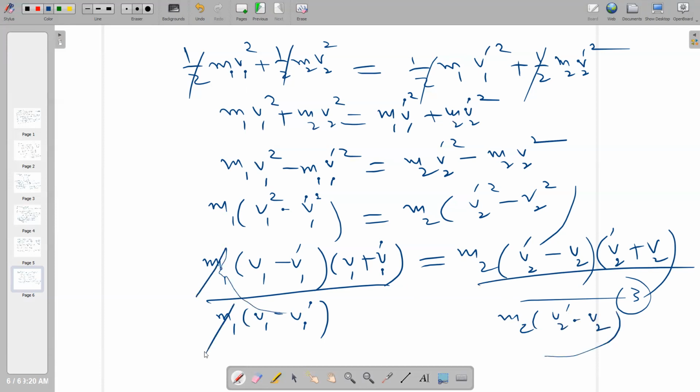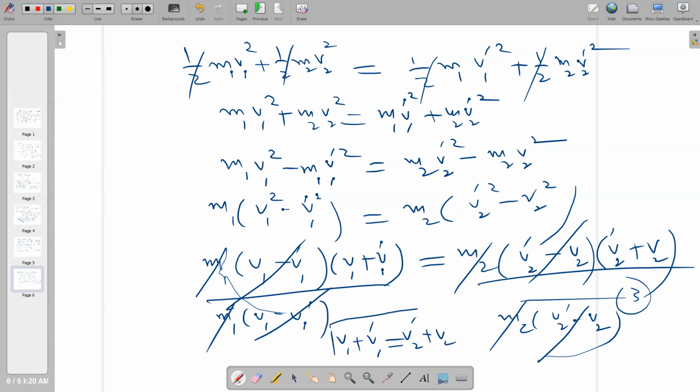So this will cancel, this will cancel, this will cancel, this will cancel. So we have v1 plus v1 dash is equal to v2 dash plus v2. Now we are left with only this portion. You don't need to make this calculation.